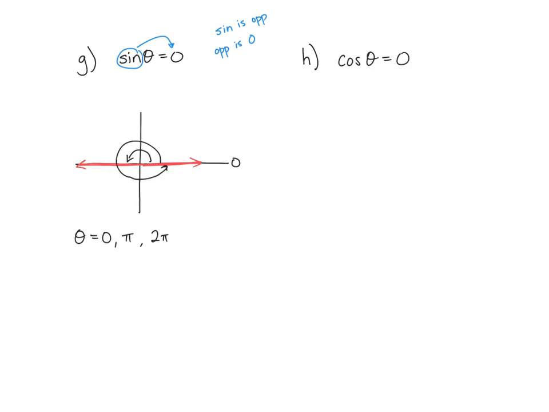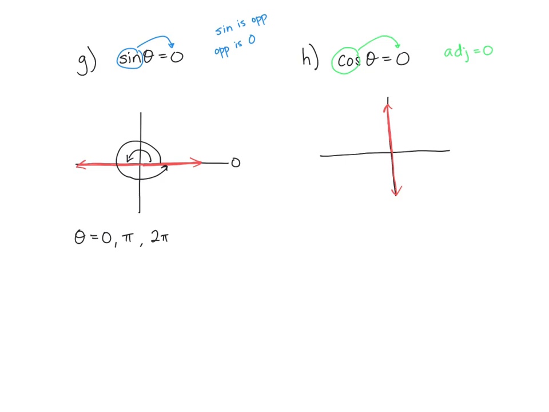So in our next example, when does cos theta equal 0? Well, we know that this would mean where our adjacent side is equal to 0. And if our adjacent side is equal to 0, that means we have not moved left or right. So if I have not moved left or right, that means I've only moved up or down.